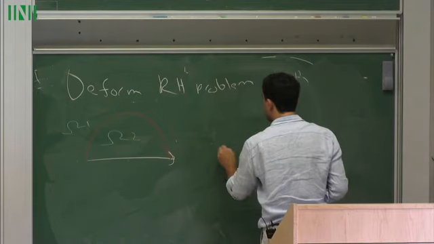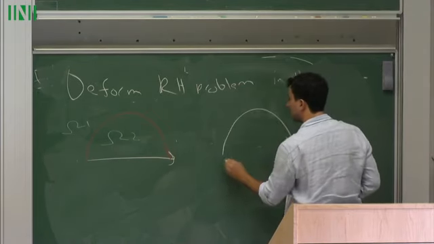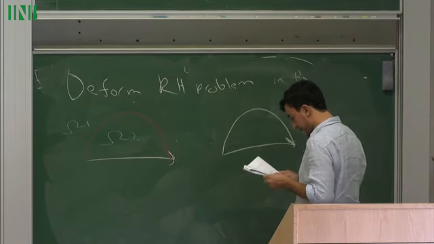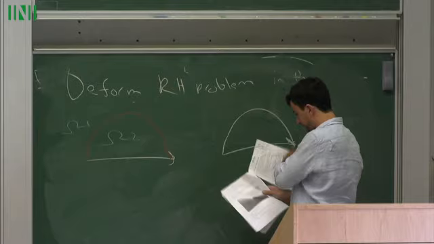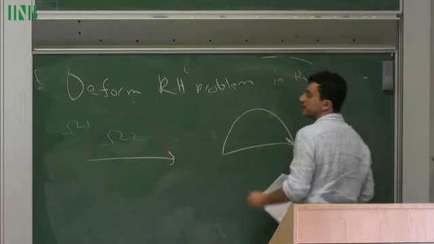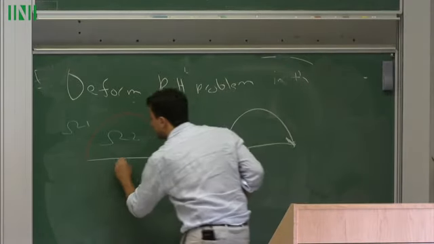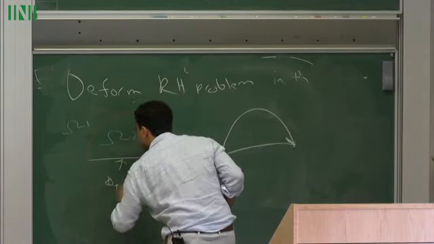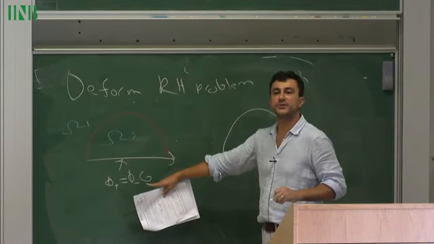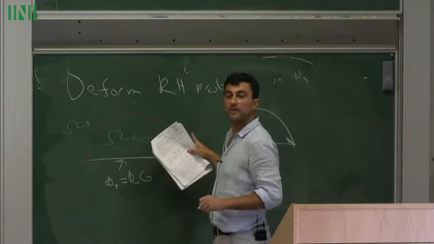So let's define a new unknown. Here we want to solve phi plus equals phi minus g. I'm going to use the right version of the Riemann-Hilbert problem. We want to deform it to 1 on the red line.